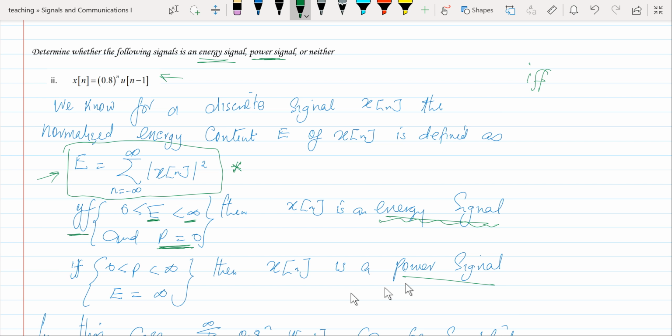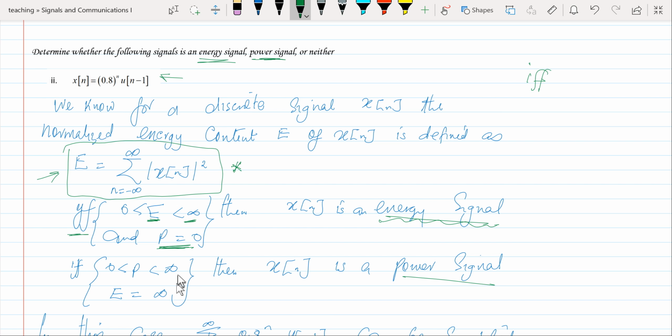The other condition, for a power signal, is that the power is between 0 and infinity, that is bigger than 0 and less than infinity, and its energy, when evaluated, approaches infinity. Then we say that the signal is a power signal. So we can evaluate either of them.